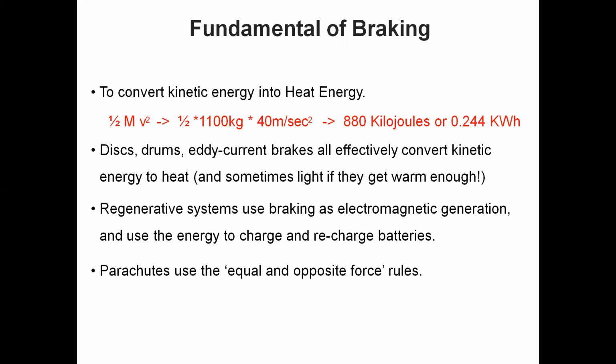You can see the formula for kinetic energy: half m v squared. You should know the mass and the velocity. Here I am taking the mass as 1100 kg and the velocity as 40 meters per second. So the final output is in kilojoules, 0.244.